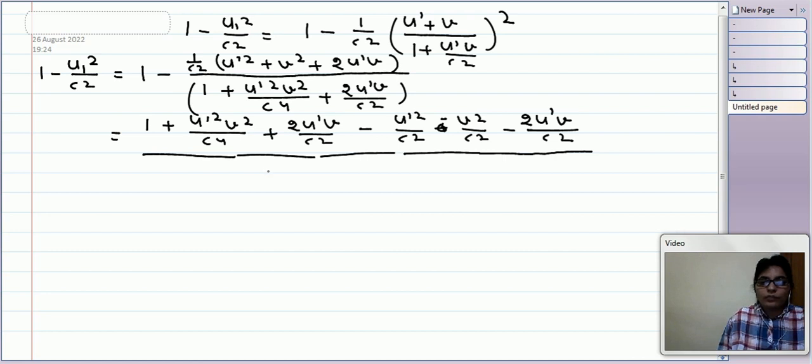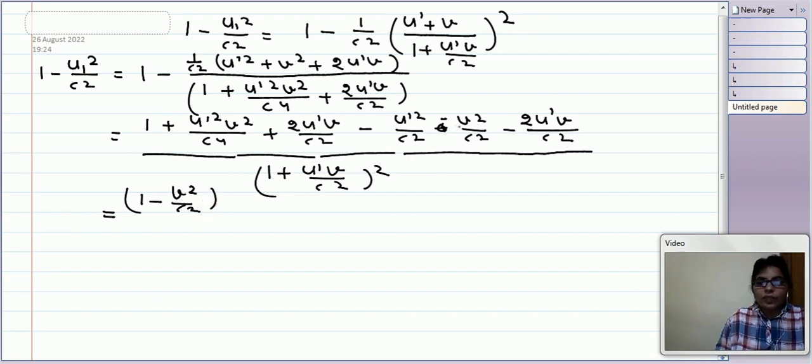So this whole factor means it is 1 plus u dash v upon c square whole square. So this is equal to 1 minus v square by c square.